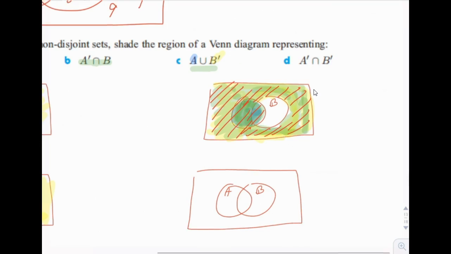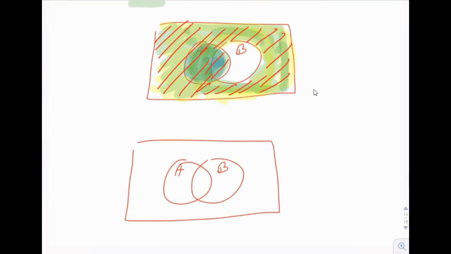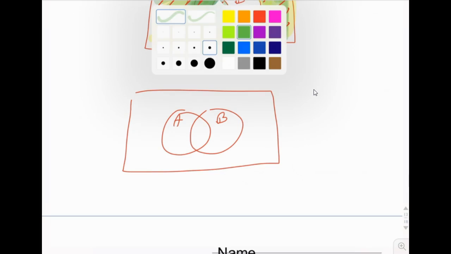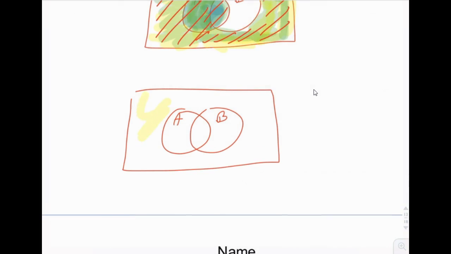So that's going to be an interesting shape. A dashed is everything except for the A circle. And B dashed is everything except for the B circle. And then what am I going to do?